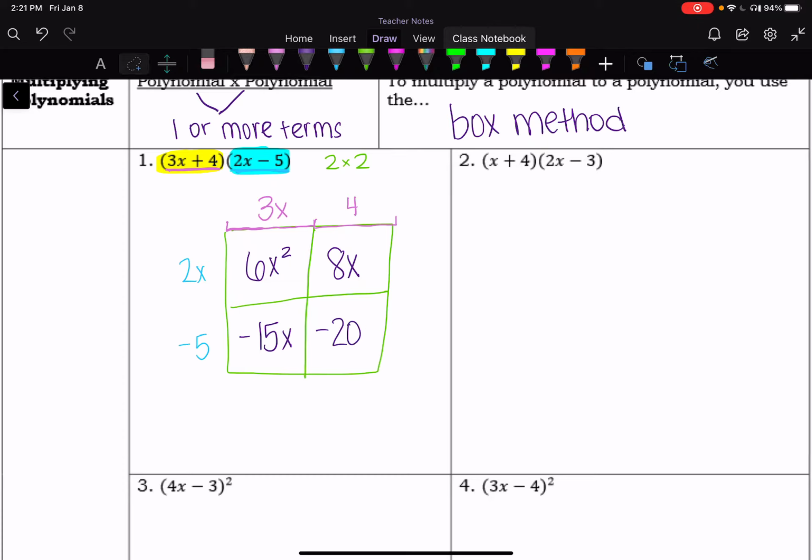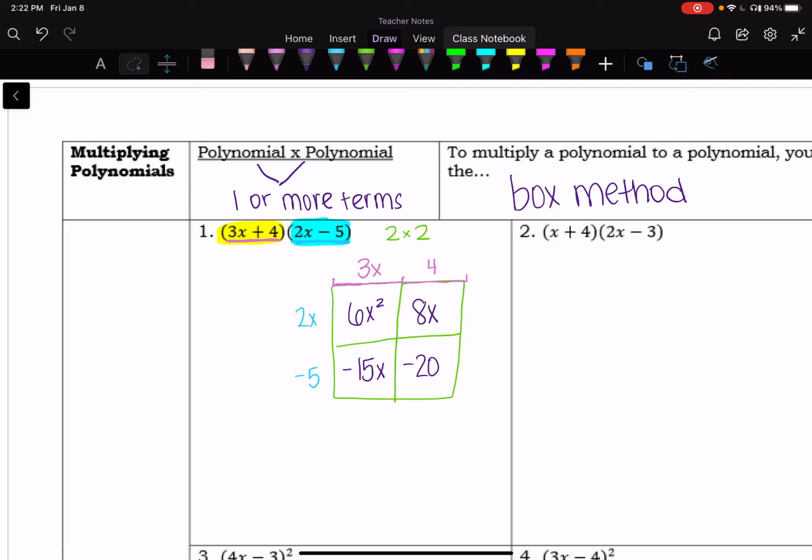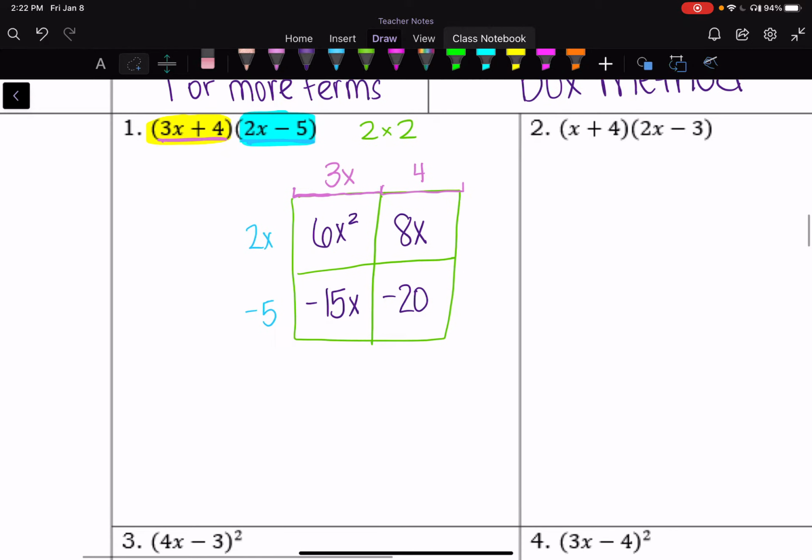After you have multiplied everything out in the box, you're going to pull everything that you need out of the box and rewrite it. So we're going to have 6x squared plus 8x minus 15x minus 20.